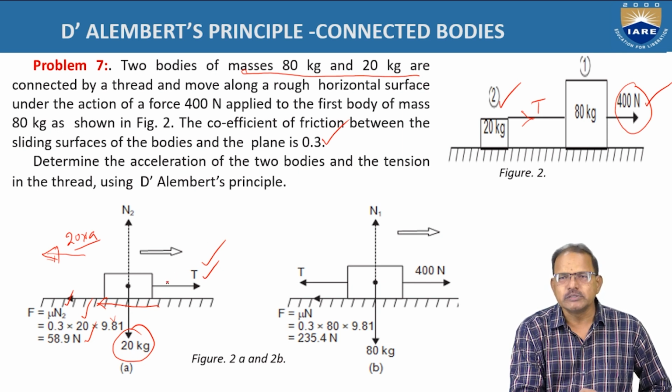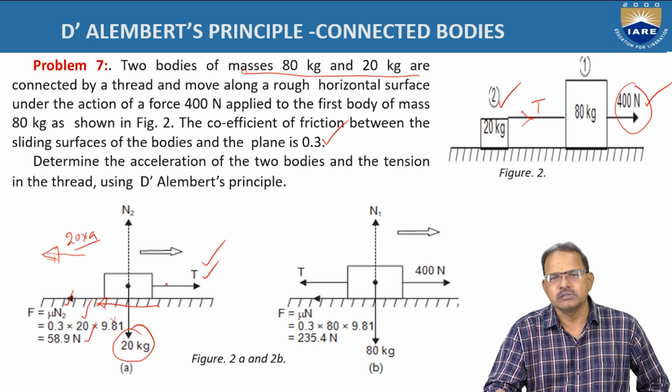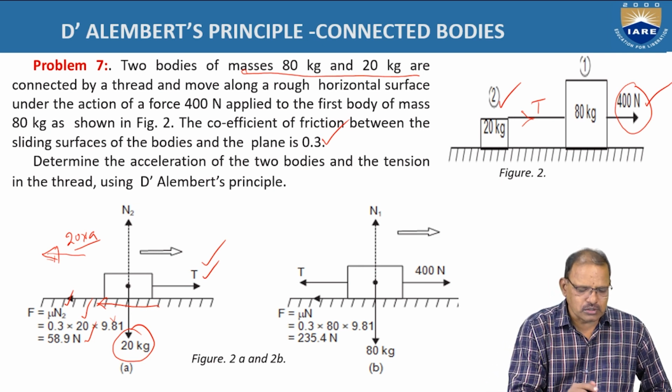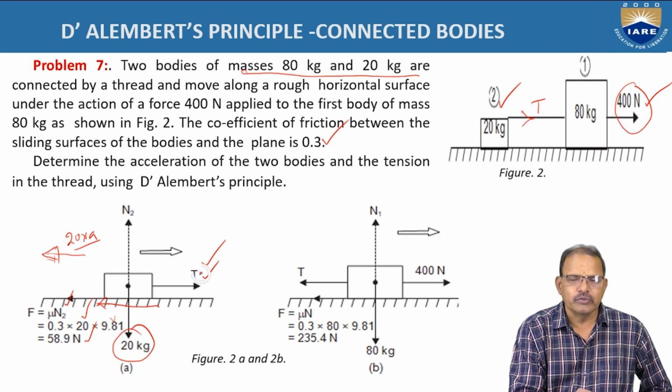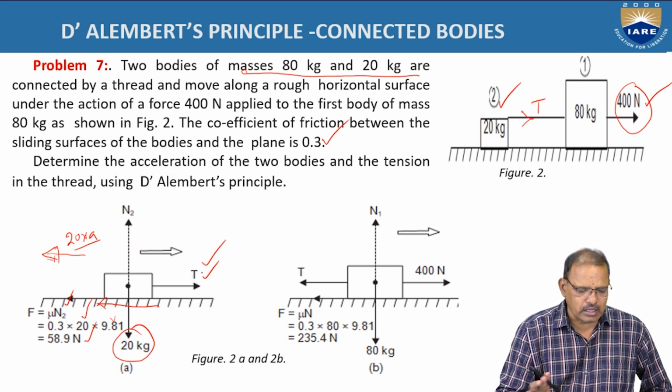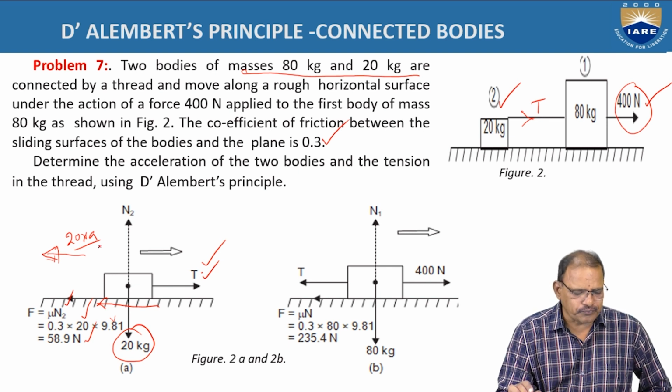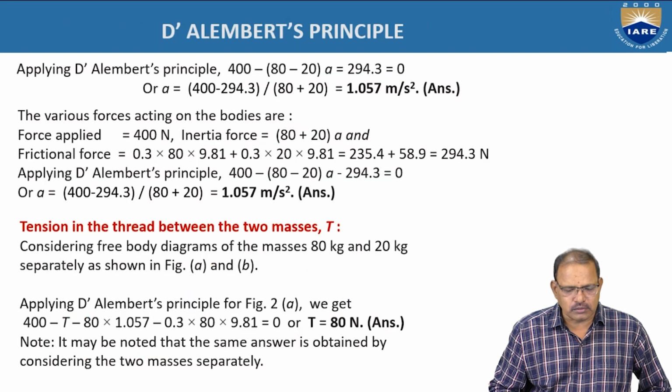According to D'Alembert's principle, the algebraic sum of the forces is in equilibrium with the inertia force. So T is positive, the inertia force minus 20 into A is negative, and the friction force minus F is also negative, and the sum should be equal to 0.